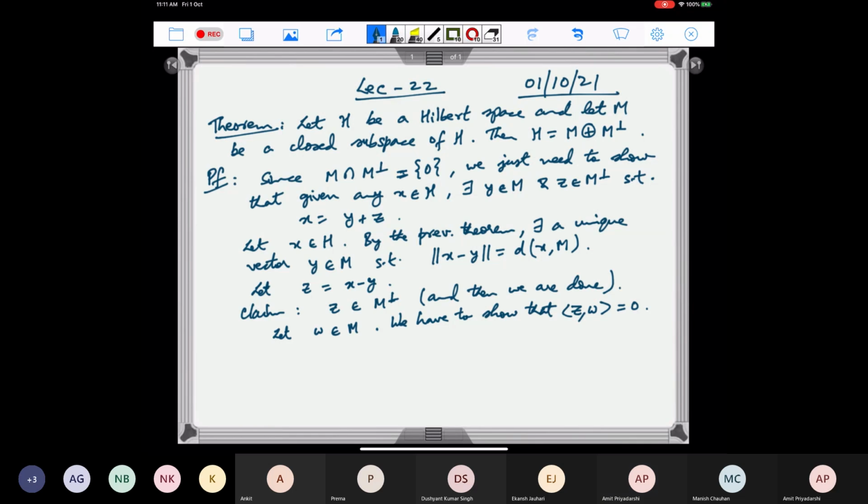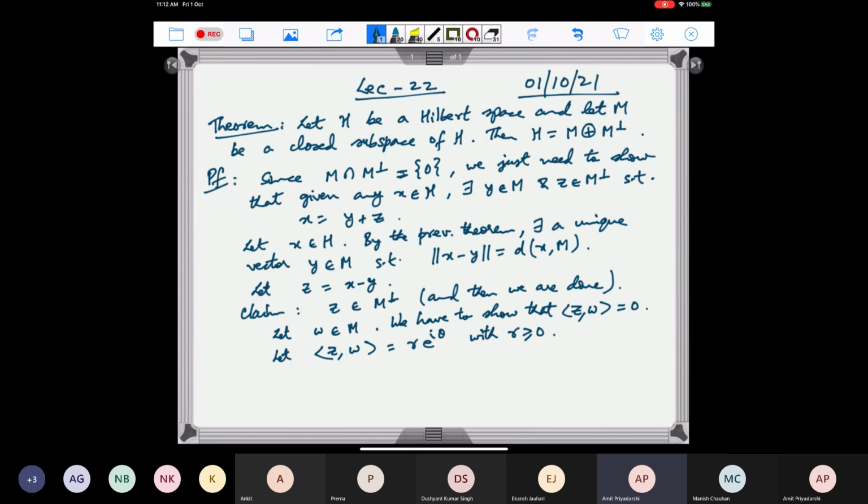So let the inner product of z and w be equal to r e to the i theta, with r greater than or equal to 0, because any complex number in polar coordinates we can write as r e to the power i theta, where theta is any real number and r is a non-negative real number. So what we have to show is that r is equal to 0.